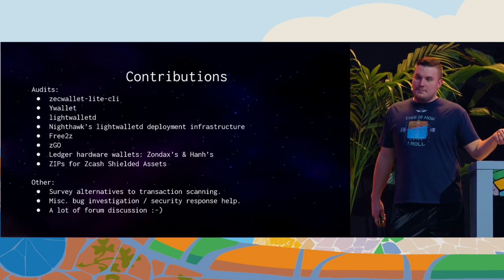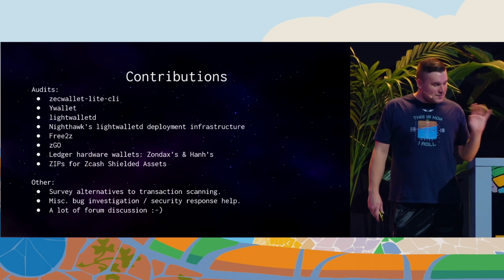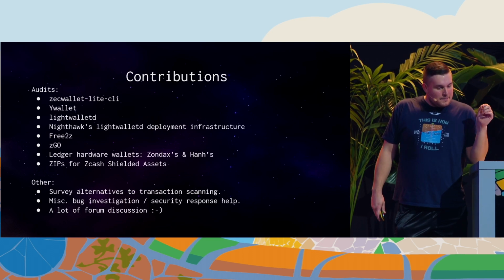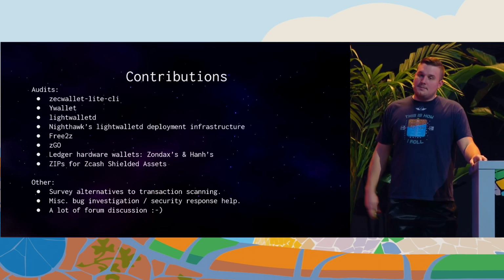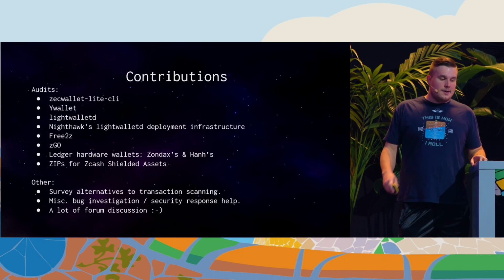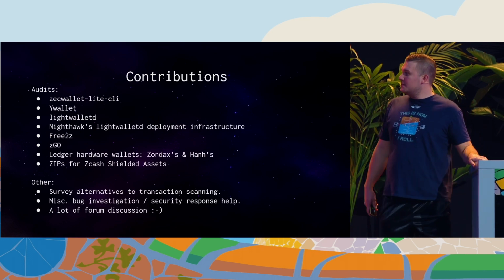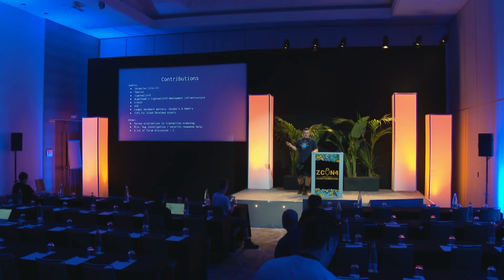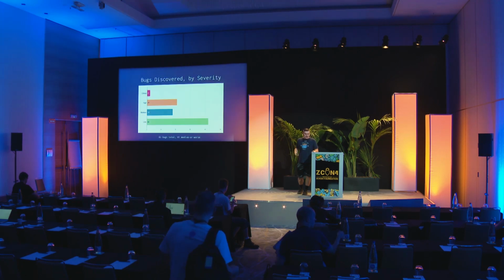By the way, the time remaining isn't updated, so I'm not sure how much time I have left, but let's keep going. Some other things I've been doing is thinking a lot about how to solve the scanning problem, investigating bugs, helping with security responses, and probably spending way too much time on the forum talking about the upcoming dev fund and things like that.